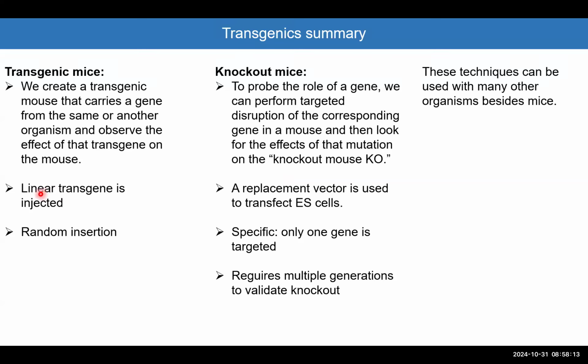So we are not introducing linear DNA, we are introducing a vector, and the recombination takes place for only one gene, and it requires multiple generations to validate these knockouts. So these techniques can be used in other organisms. We are just describing it in the mouse, but bear in mind it can be done in other organisms.